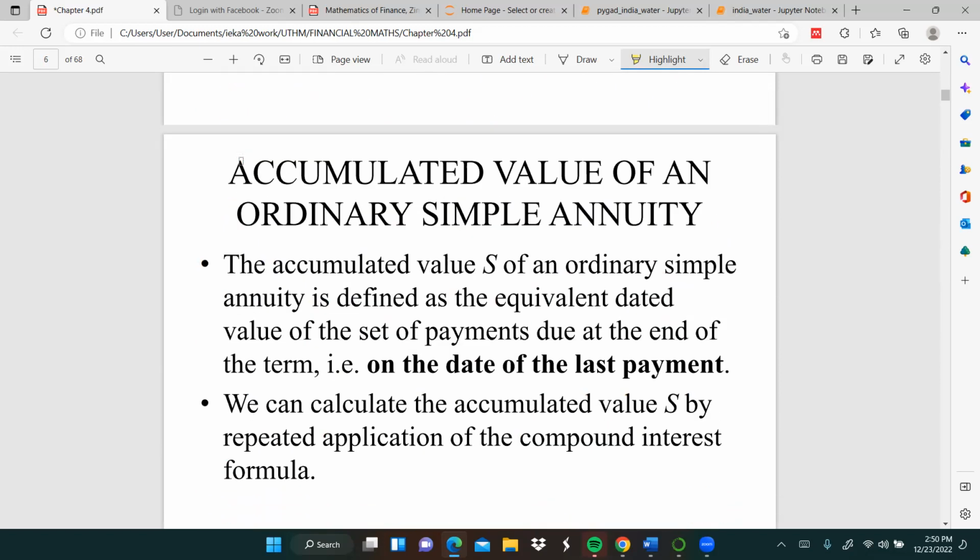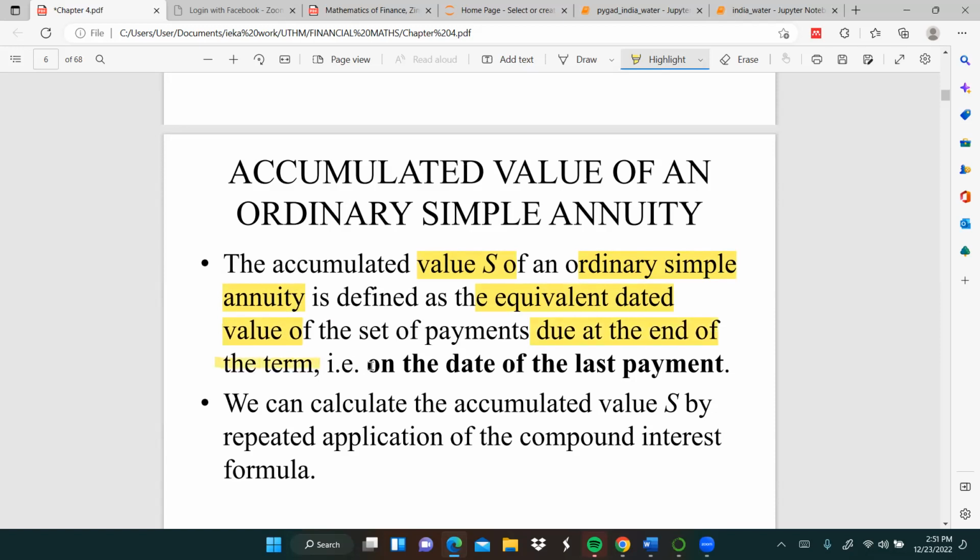So next, accumulated value of an ordinary simple annuity. The accumulated value S of an ordinary simple annuity is defined as the equivalent dated value of the set of payments due at the end of the term.